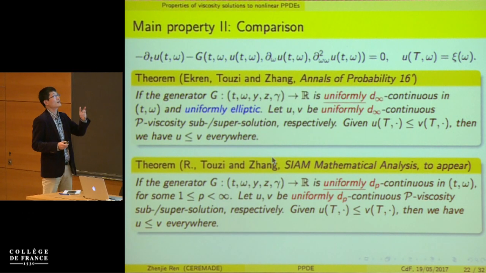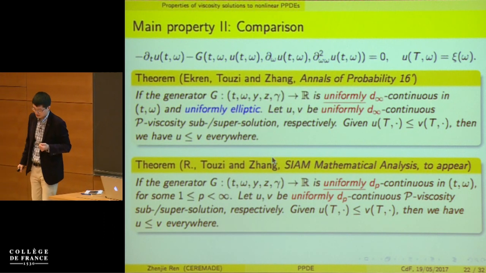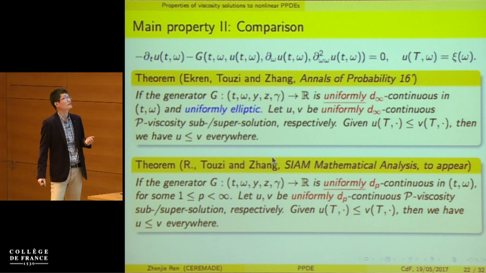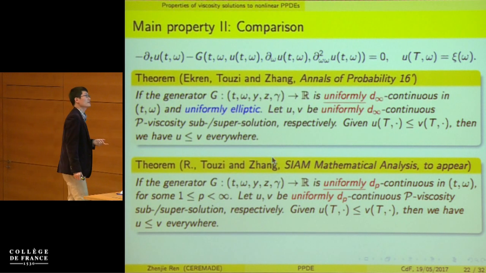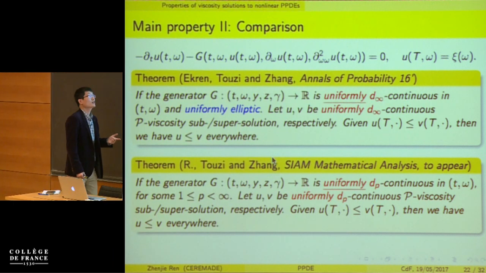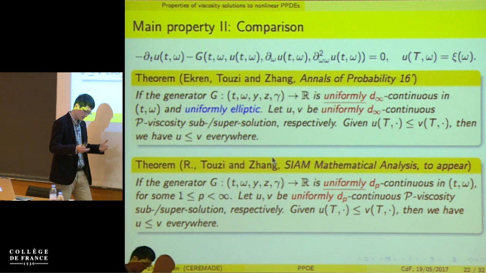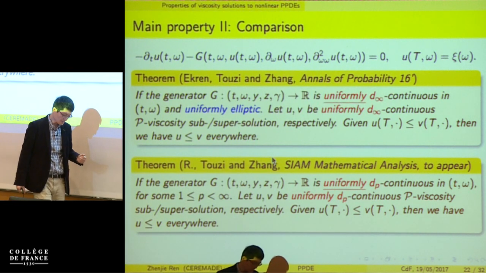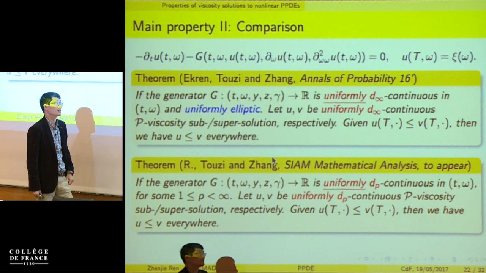As I said, in the second result, we removed the uniform elliptic condition on the generator G, but we make some sacrifice. Instead of assuming G is d infinity continuous, we ask for something more: it must be dp continuous.